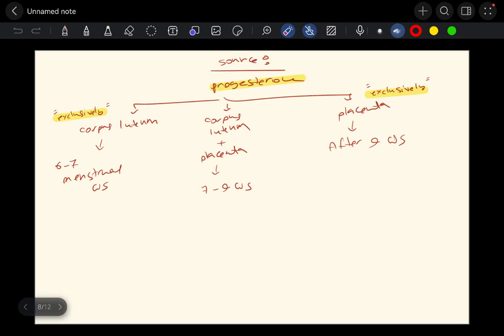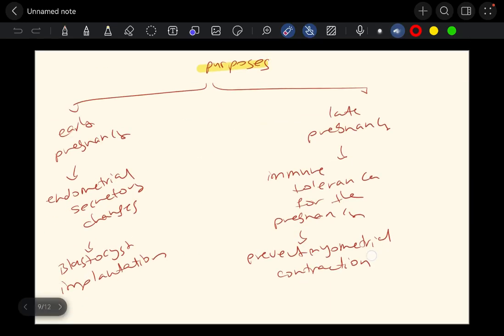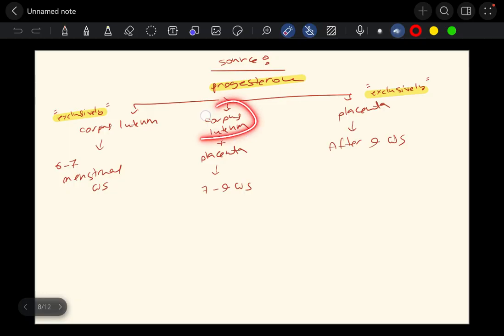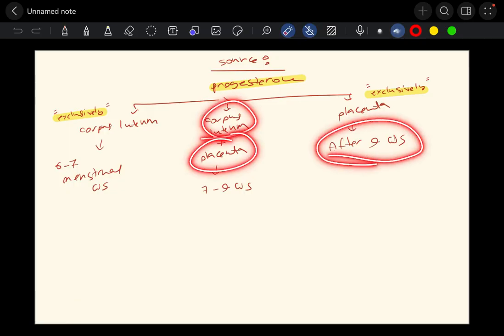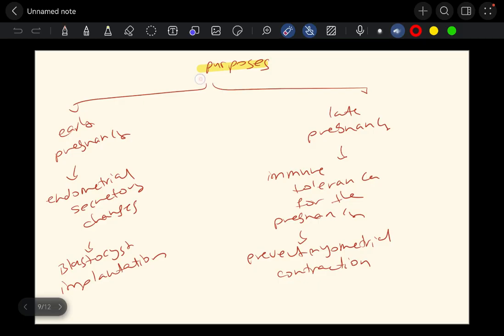Progesterone comes from 6-7 menstrual weeks exclusively from the corpus luteum, from 7-9 weeks from both the corpus luteum and the placenta, and after 9 weeks exclusively from the placenta. So the production of progesterone is first the corpus luteum, then the corpus luteum and placenta, and finally the placenta.